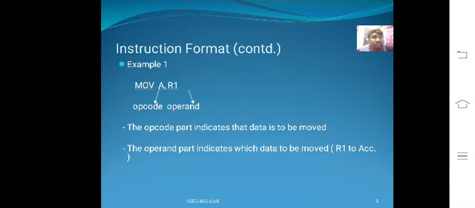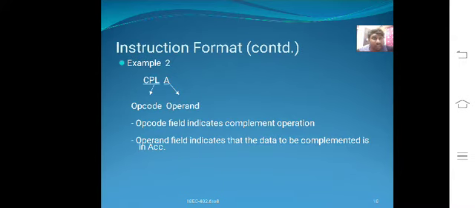But here only one register is used in a single instruction, the complement of A. The A register value is complemented and the result is stored in the accumulator only. For example, the complement of 1 0 is 0 1, and the output is stored in the accumulator.